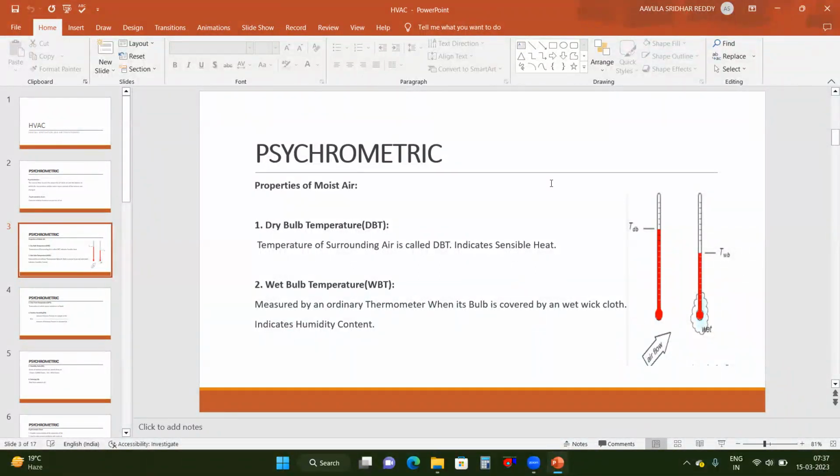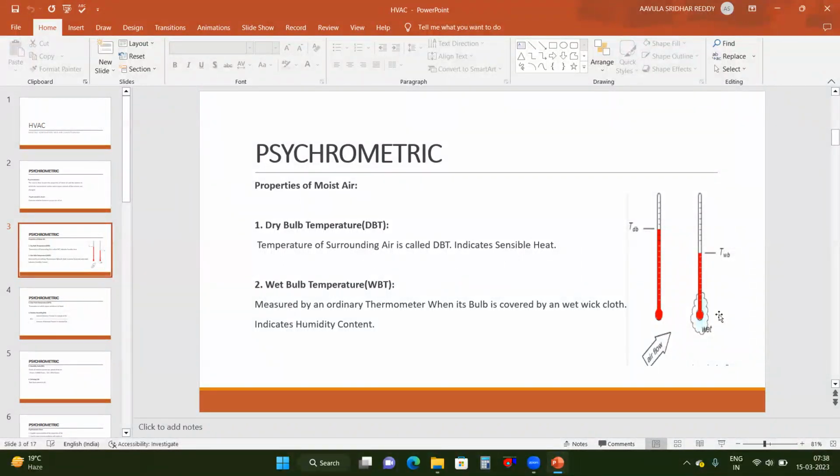Here you can see the bulb covered with a wet cloth. We cover it with a wet cloth and then check the temperature. That temperature we call the wet bulb temperature.